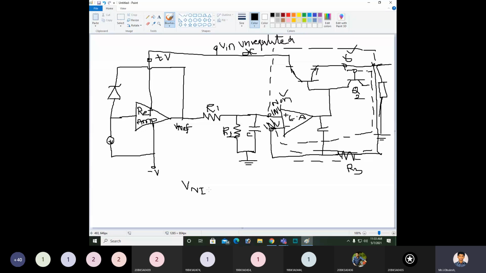V N, N means non, I means inverting, non-inverting input terminal is equal to V reference into, for this inverting, what we have in front of this, we have R1 and R2 and C, right? So here we will get V by R, in the sense V reference into R2 by R1 plus R2.